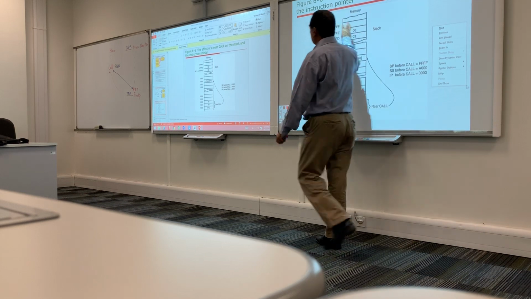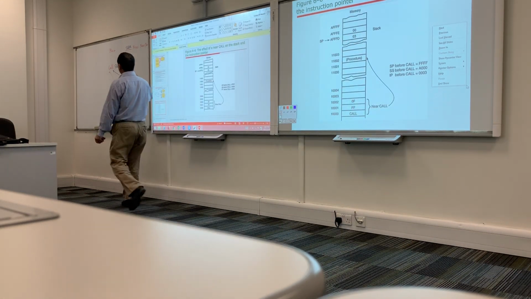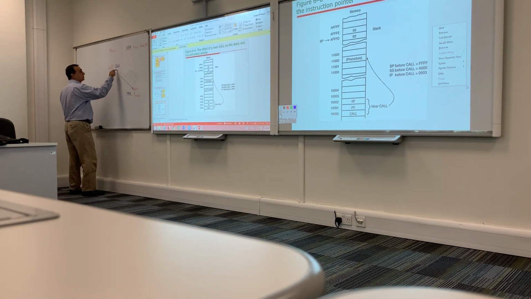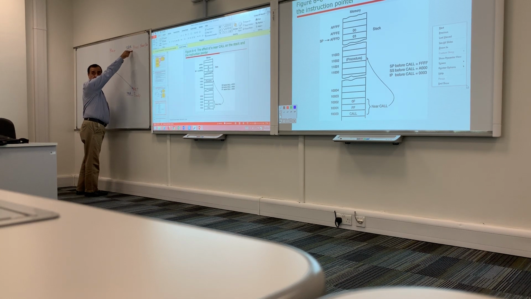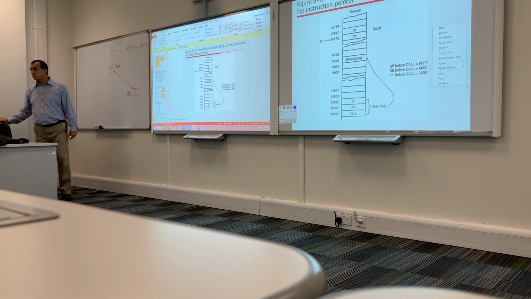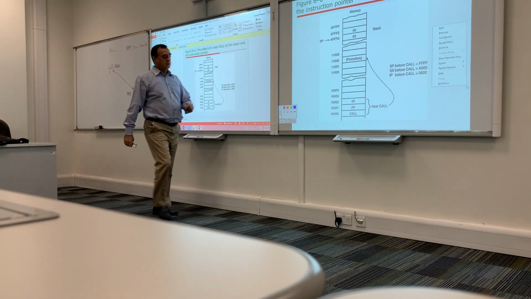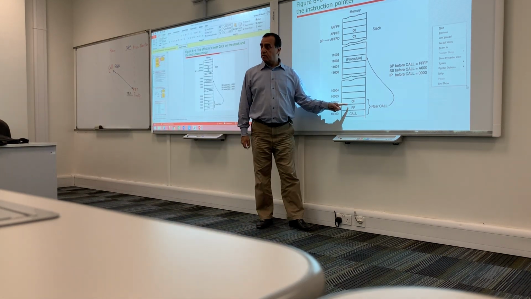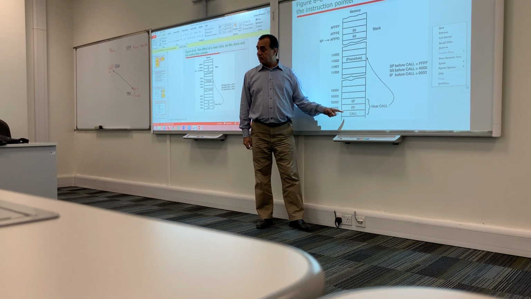So once this return address is stored, what is the next step? Jump to the procedure. How do we jump to the procedure? We have said call 0FFF, so we have given the address.